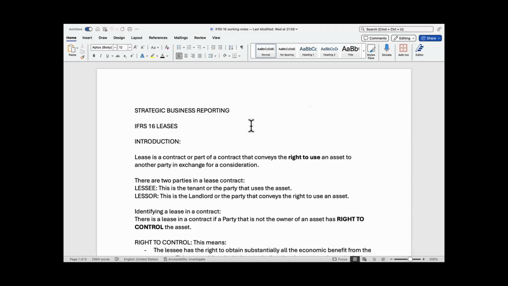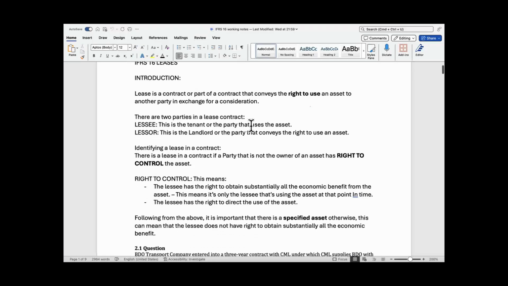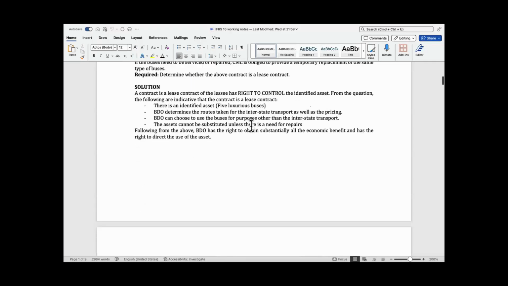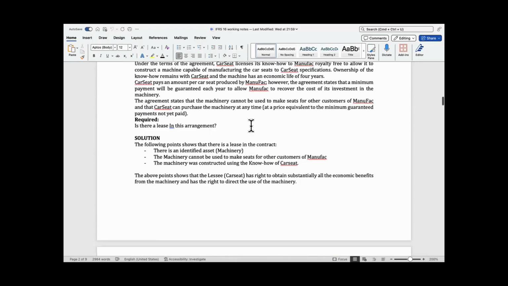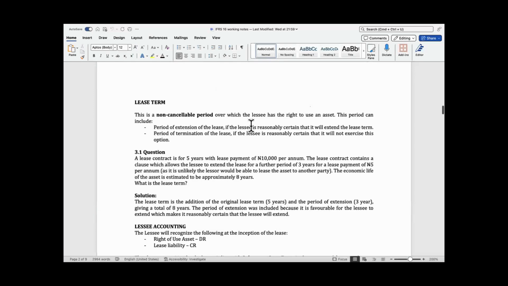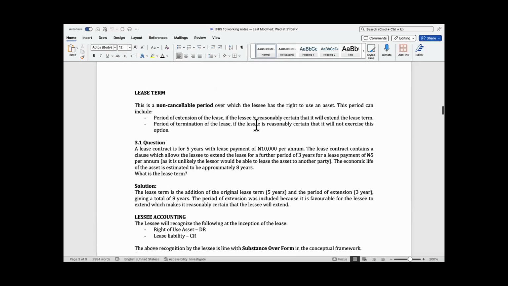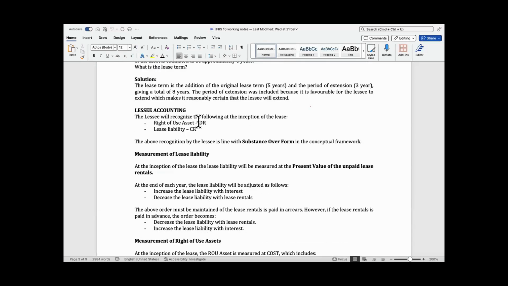Still on leases, remember that there is a lessee and there is a lessor in every lease transaction. The lessee is required to recognize right of use assets and lease liability, and for the two, he would recognize the present value of the unpaid lease rentals.